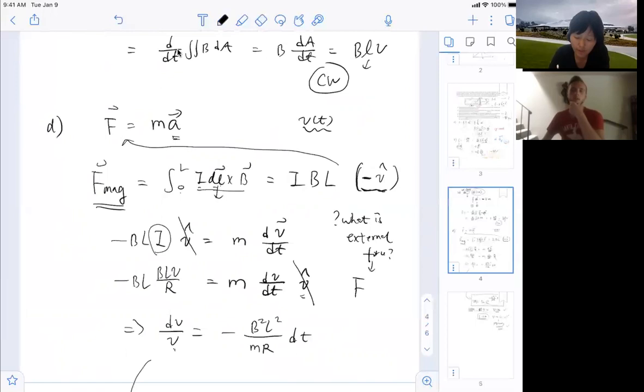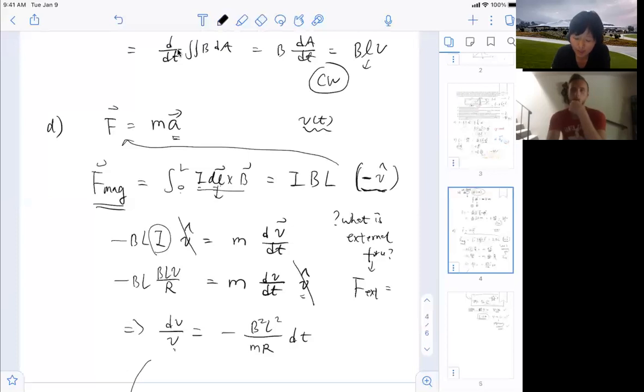You will say F external is equal to... if your bar is moving with a constant velocity. Sorry, I thought that was rhetorical. Yeah, it's IBL, just what we found.